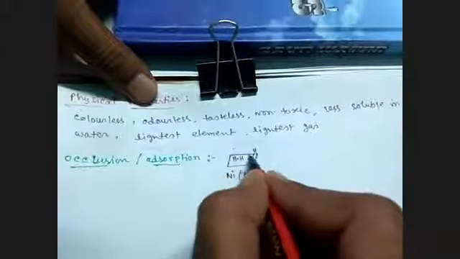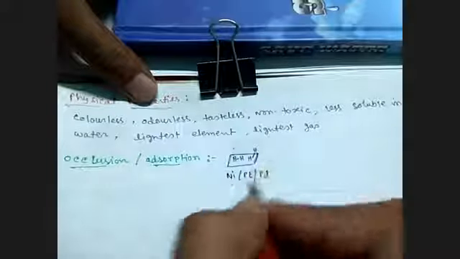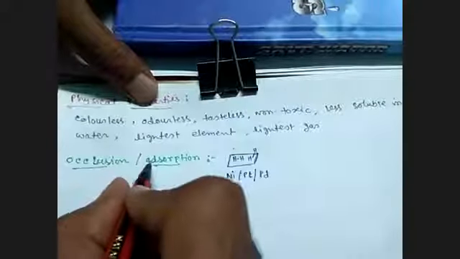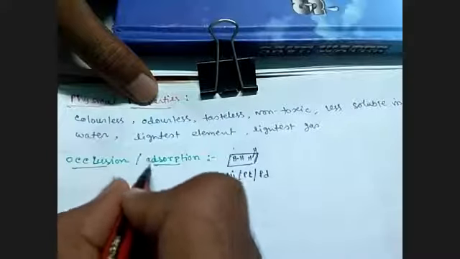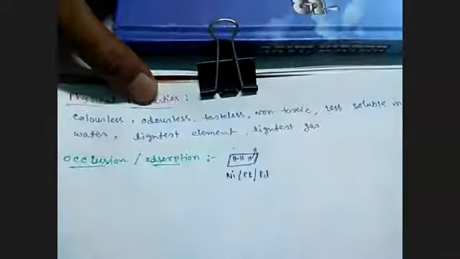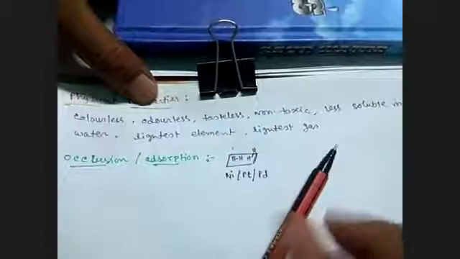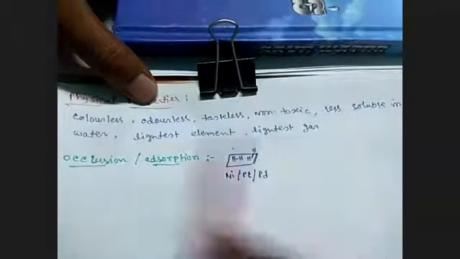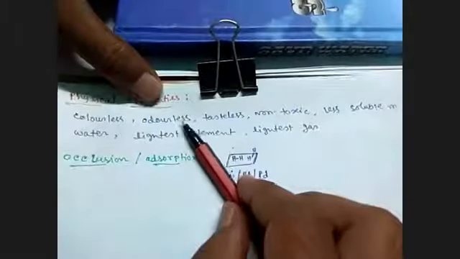Adsorption means the gaseous particles are present only on the upper surface, and with absorption, the molecules enter into the compound. Like here, the pen is present on this surface, so this is adsorption. But if it enters into the compound, then it is called absorption.